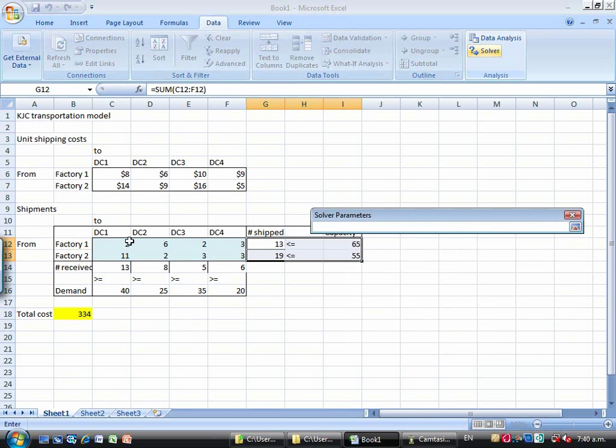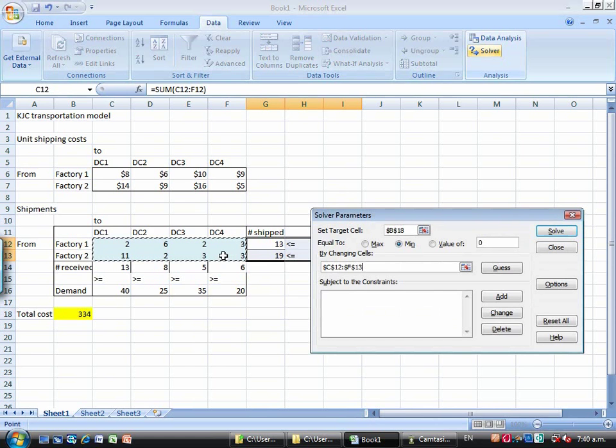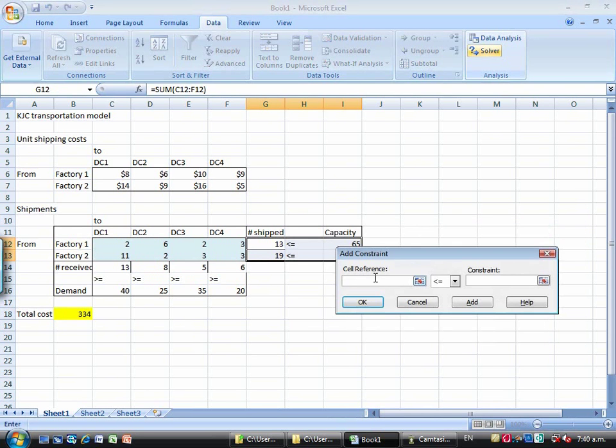We want it to change these cells here, so the amount that we're sending from a factory to a DC. What constraints do you think we're going to have? Well, a shipping company isn't going to let us ship half a unit, so first of all, we have to only ship entire boxes of jandals, so we can't ship half a box. That makes sense.